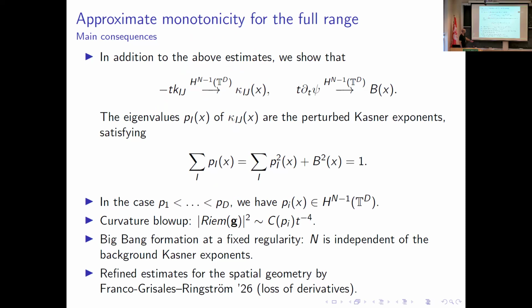And this is consistent. For the refined estimates that Hans talked about, the full spatial geometry, you have to lose, and it depends on the background Kasner exponents. So one question still remains whether this loss is actually fundamental or not. We don't really settle this.